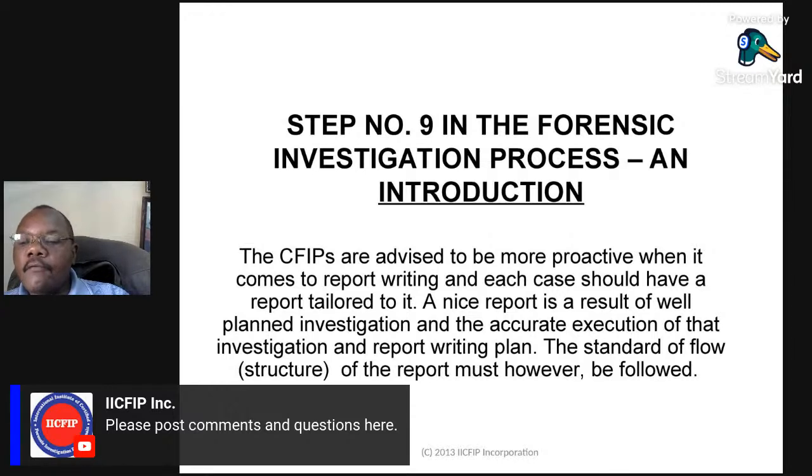Summary of findings, therefore, will summarize all the major findings, what you found out, the amount involved, so that any person looking at the report will just know at a glance what happened, what you found out, and how much was involved from the executive summary of findings.